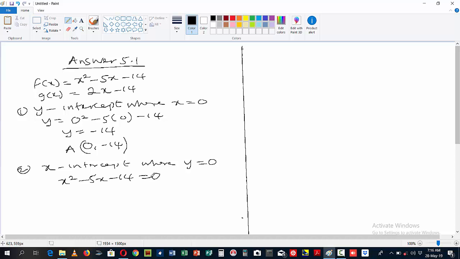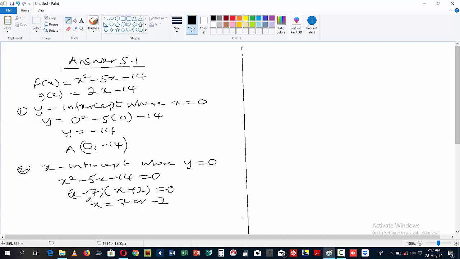This is a complete quadratic equation, which we need to factorize. When you factorize this one, we are going to have (x minus 7)(x plus 2) equal to 0. Now we can determine our x. x is equal to 7 or minus 2.